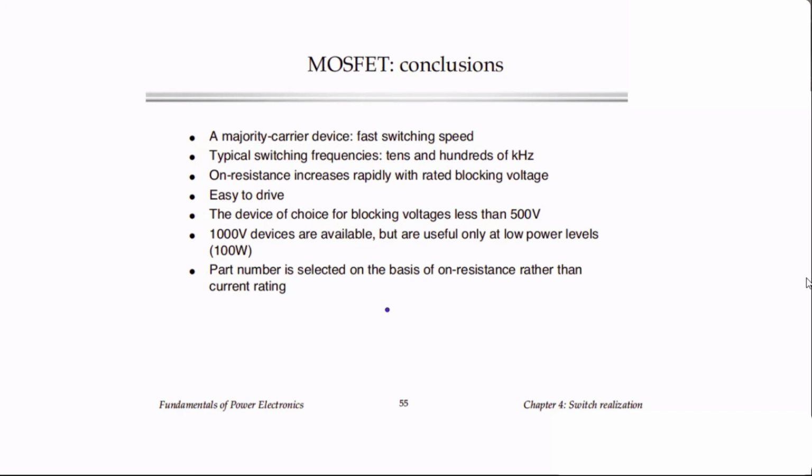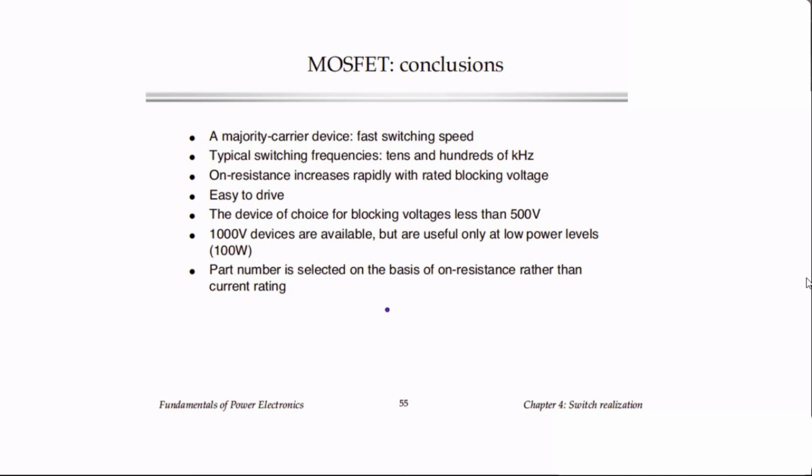So for the conclusion, a MOSFET is a majority carrier device, and that's good news because it has very fast switching speed. We don't have the time it takes to remove all of the stored charge that was causing conductivity modulation in the diode. And so MOSFETs can switch much faster.